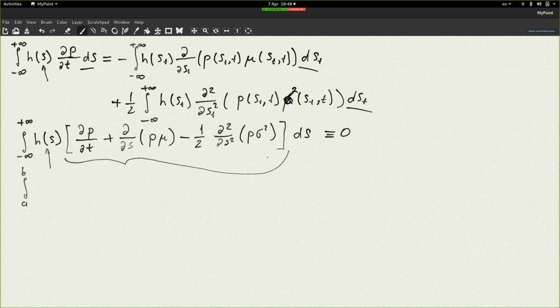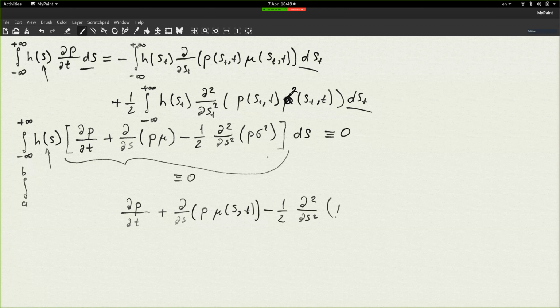And therefore we get, finally, dp/dt plus d/ds of p mu of s, t, minus 1/2 second derivative with respect to s squared of p sigma squared of s, t, must be equal to 0, where p is our function which depends on s and t, conditional on the initial condition s0.